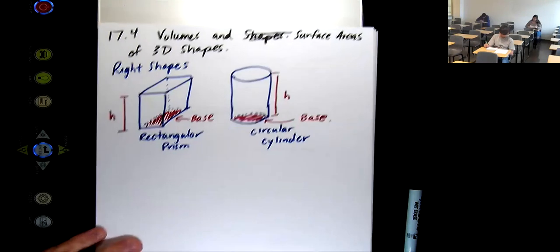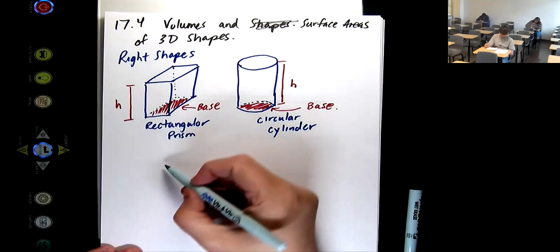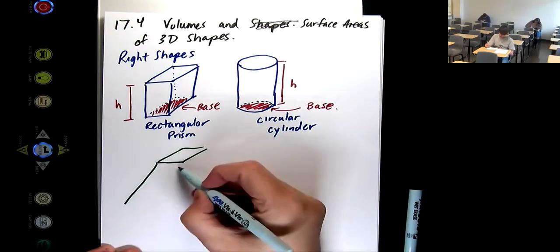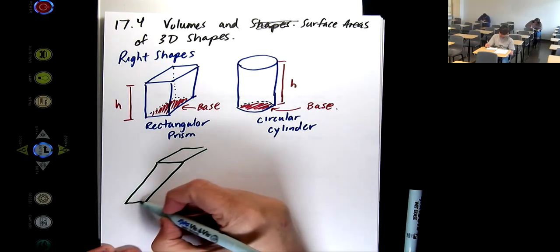When we do oblique shapes, it's kind of skewed, so I'm going to over exaggerate the skew here.